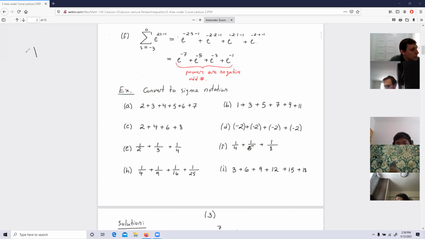So for C, the answer is the sum from k equals 1 to 4 of 2k. Do you agree? So 2 times 1 is 2, 2 times 2 is 4, 2 times 3 is 6, 2 times 4 is 8. You are with me, guys?